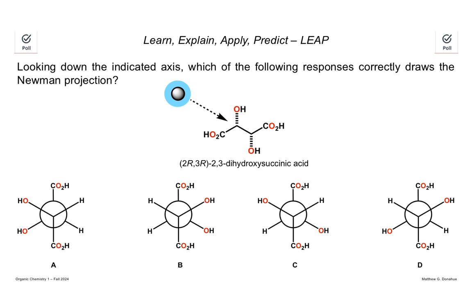See how these are both back? So if your eyeball was here, hydrogen would be out, hydrogen would be out. So the OH groups should be on what side, the left or the right? The left. So we would get A as the response.